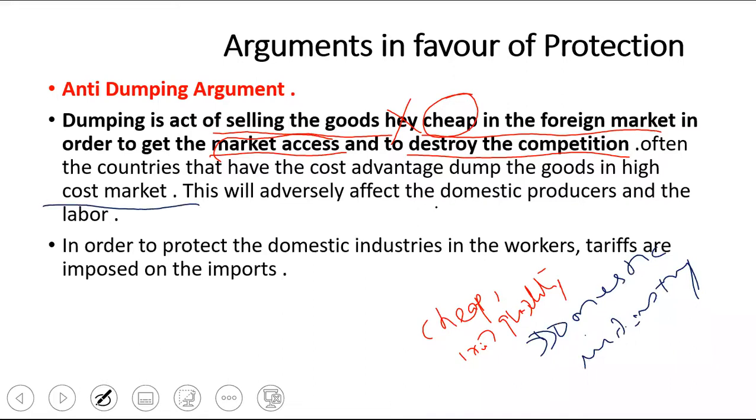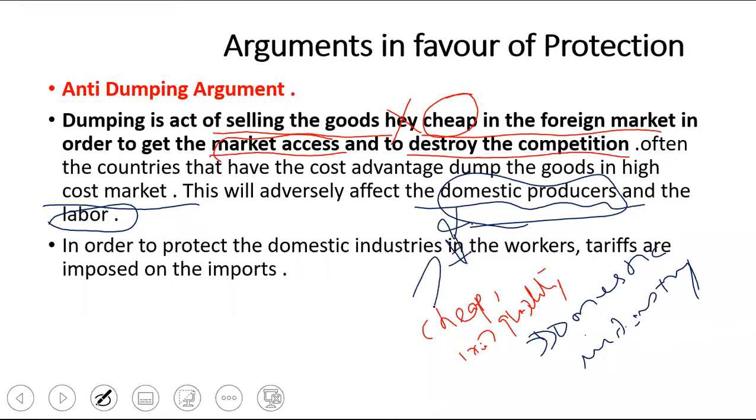This will adversely affect the domestic producers and the labor. So the biggest problem of dumping is that domestic production will be affected and the labor will also be affected. In order to protect the domestic industry and the workers, tariffs are imposed on import.